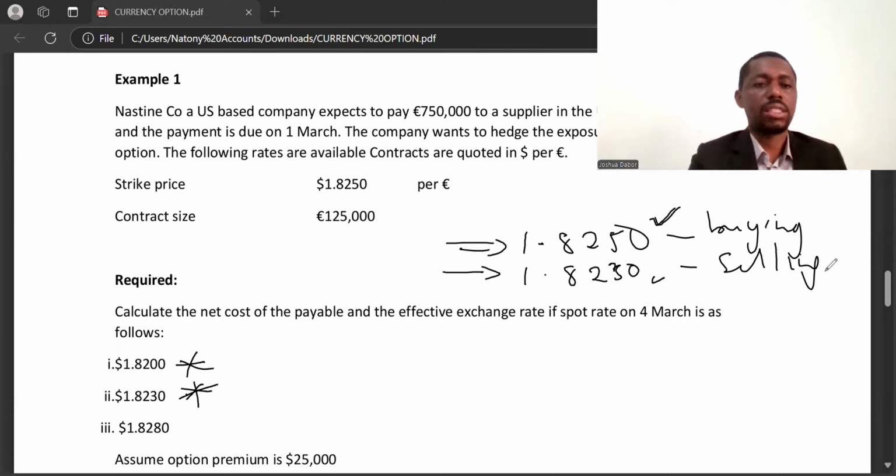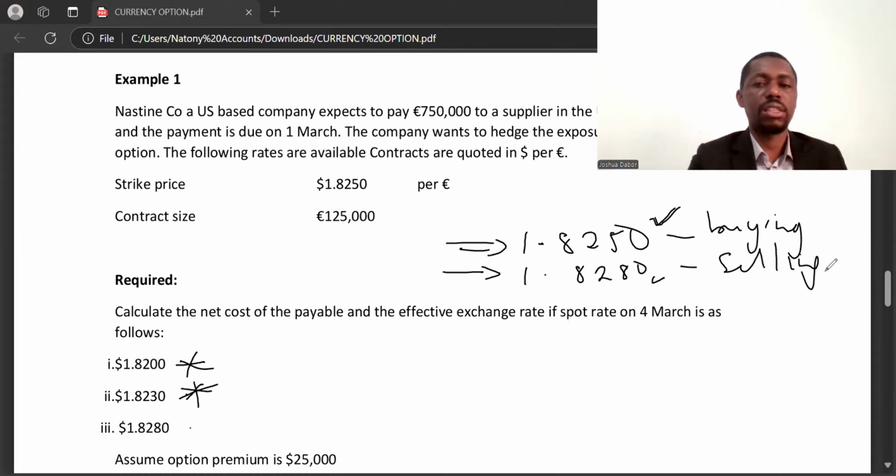So let's look at the next rate, which is 1.8280. If the company buys at this rate, will the company be making a profit?